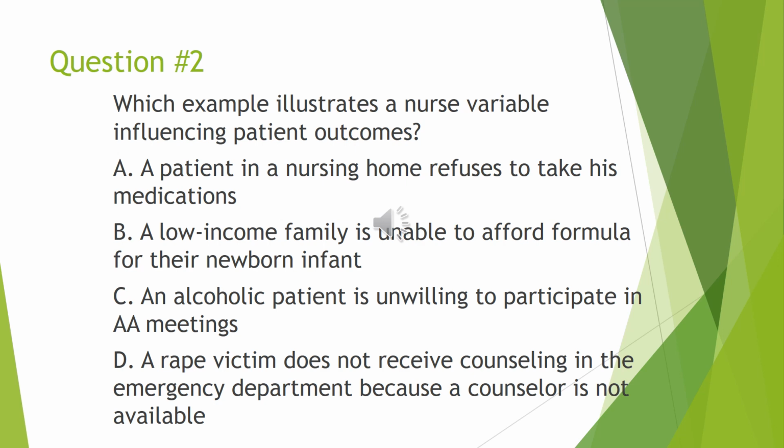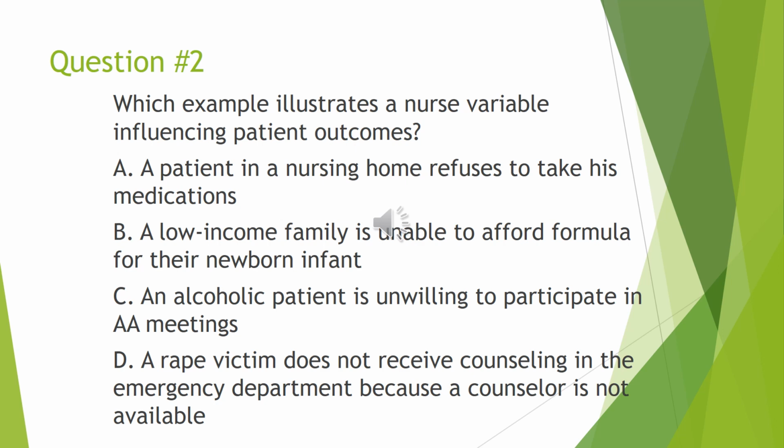C, an alcoholic patient is unwilling to participate in the AA meeting. So this again is a patient variable. The nurse is not involved in that situation. This is the patient making a decision to refuse AA meetings. Now, if you look at A and C, they both are refusals.